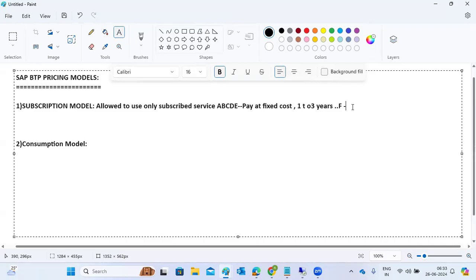In the subscription based model, only subscribed services you can use here. Pay at fixed cost. The contract is 1 to 3 years only. Then after that you need to renew it here. Pay at fixed cost here. That is the term which we have to use here.